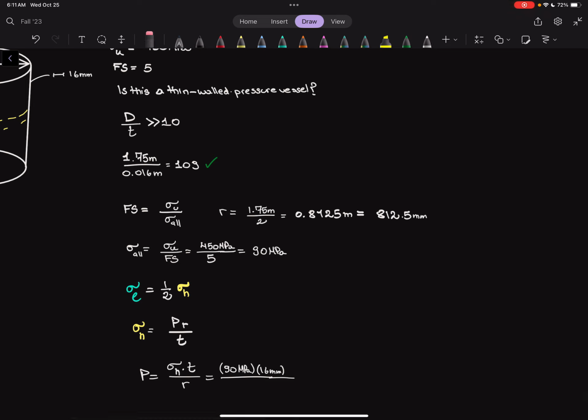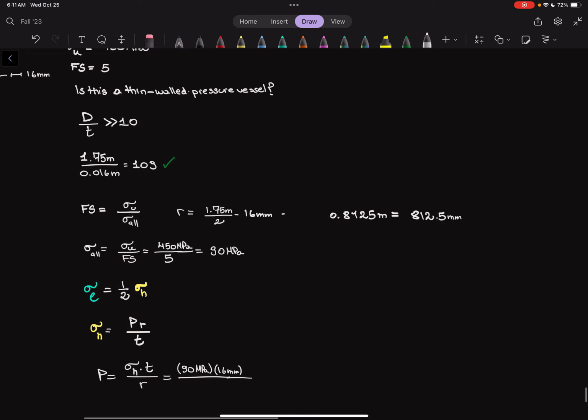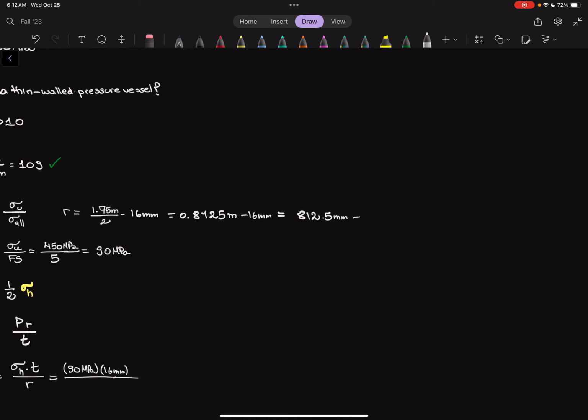So to this, you need to subtract 16 millimeters. So minus 16 millimeters, well, that's going to be 796.5 millimeters.